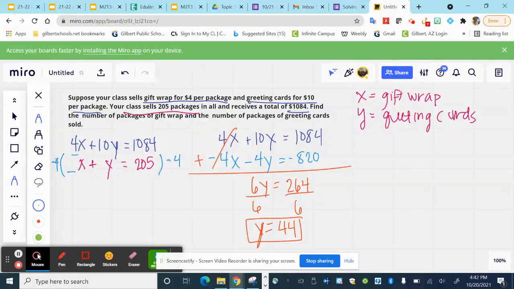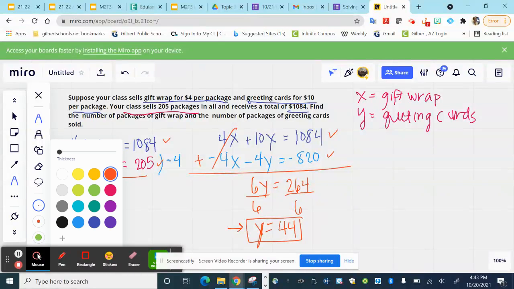Okay, so now we found one part of the solution. To find the other part of the solution, you have to take this y right here and plug it back into any of these four equations. It doesn't matter which one you want to use, you can plug it into any of them. I am going to plug it into this one right here because that's the easiest equation to plug it into.